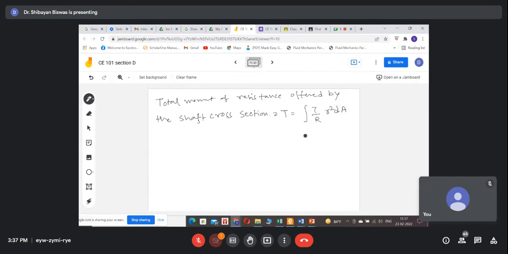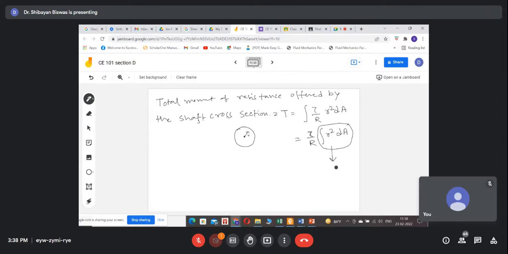Now, if we take this part out, this is r square dA. Is this term known to us for a circular cross section? The polar moment of area, yes, good.